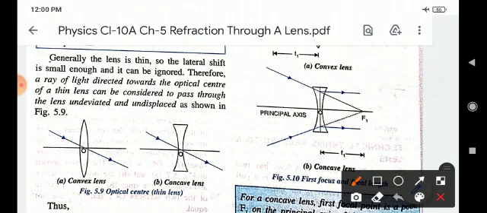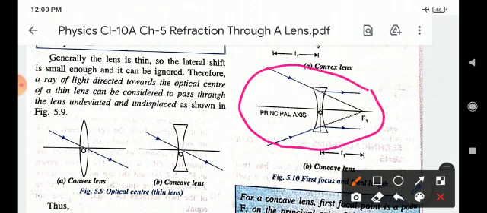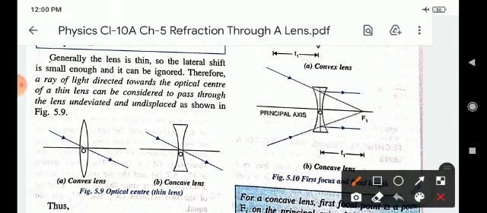For a concave lens, the first focal point is a point F1 on this side on the principal axis of the lens, such that the incident rays of light appearing to meet at it, after refraction from the lens, become parallel to the principal axis.